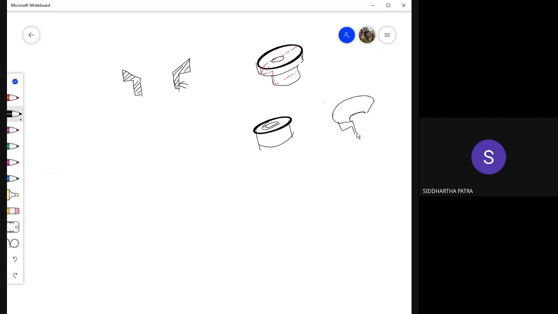Then, of course, the section that you are seeing in your assembly view. Okay. Would it not be something like this?